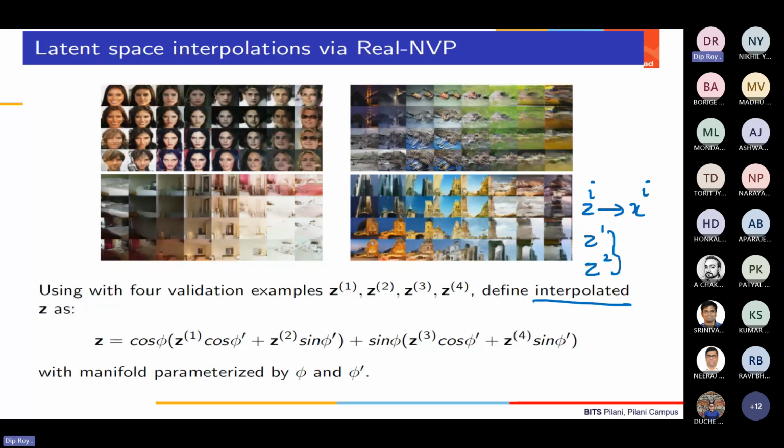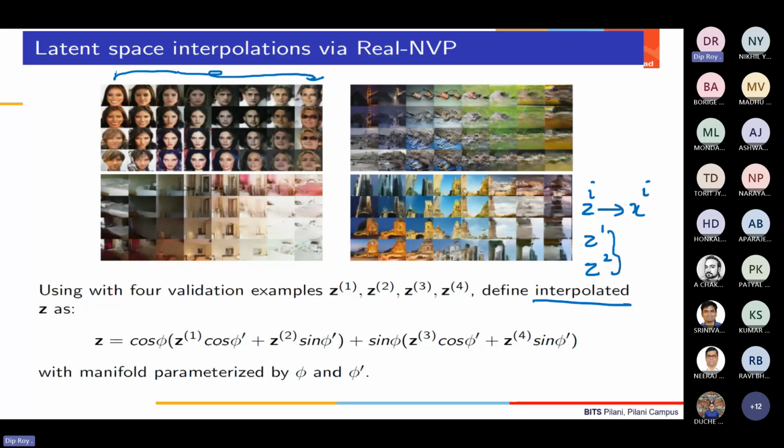For example, in many models you start with a female and then transition to a male, with similar features. So we are essentially doing interpolation.